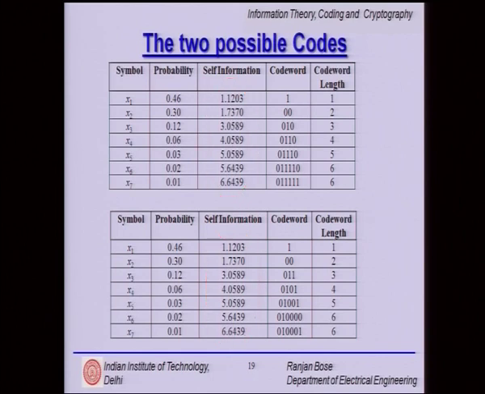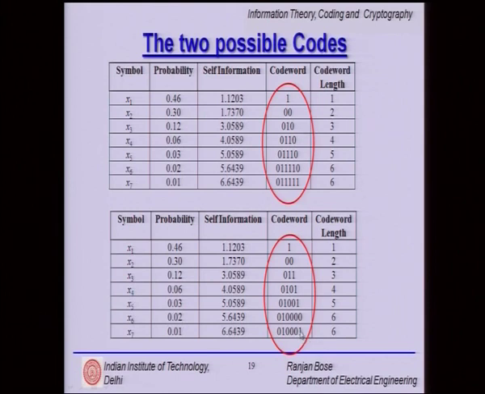So, we ended up with different sets of code words. Here X3 was 010, here X3 is 011, X4 is 0110, here 0101, and so on and so forth. The bottom one, the least probable, is 01111111, and here it is 010001.